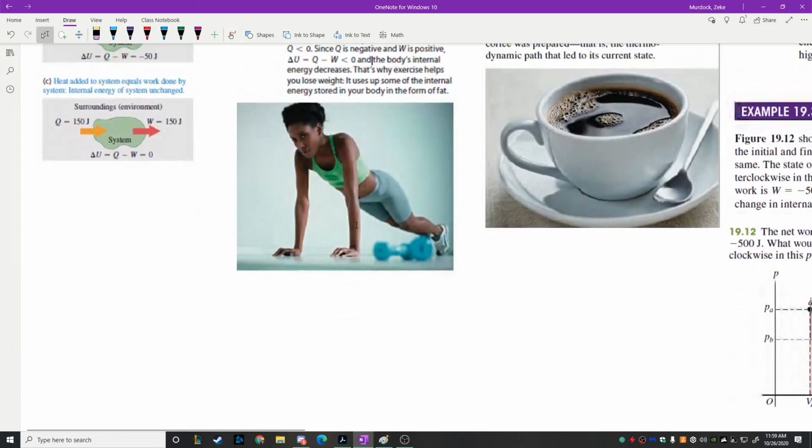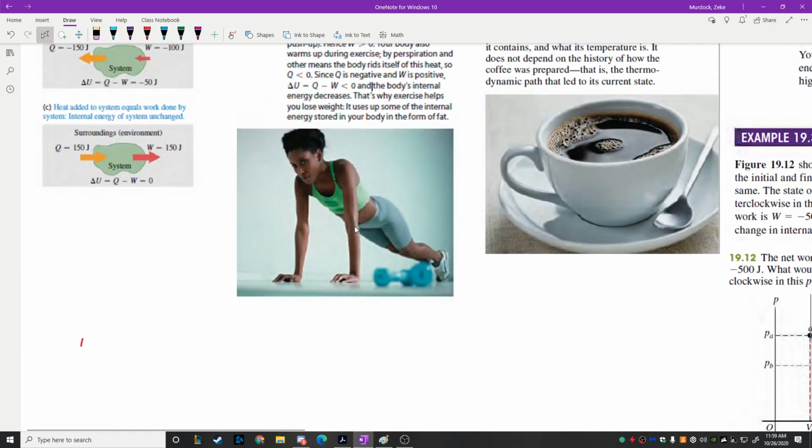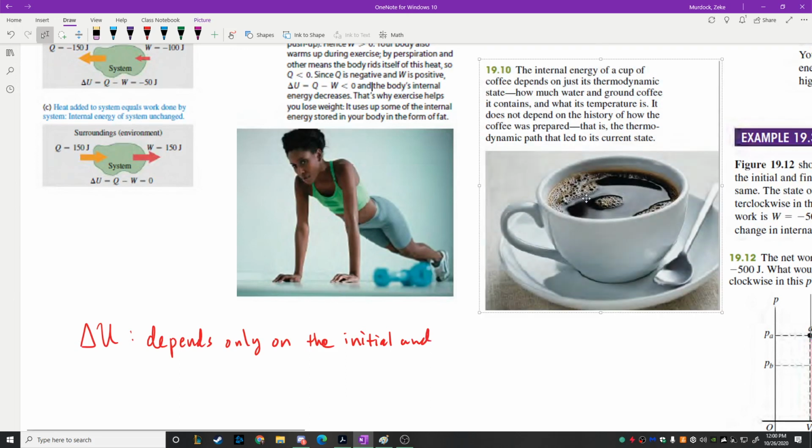I'll write that down like this. So delta U depends only on the initial and final states in a thermodynamic process. I'll move the coffee cup example down just a little bit so you can see it. Read what that says as I'm writing this.